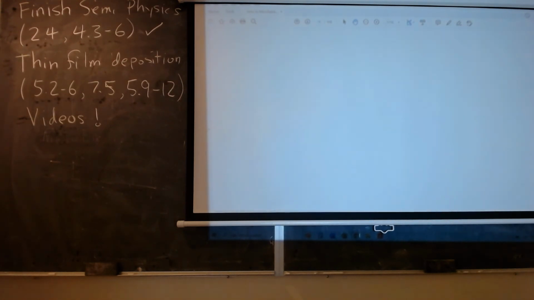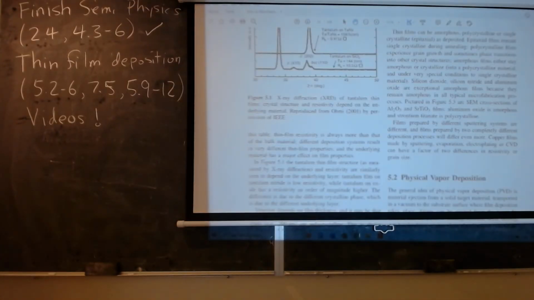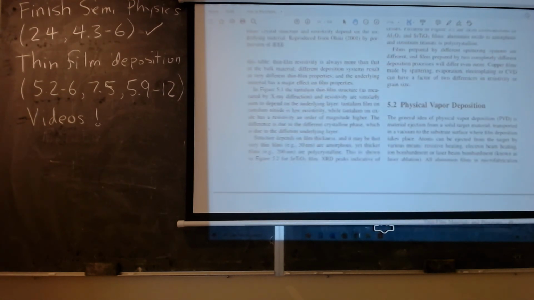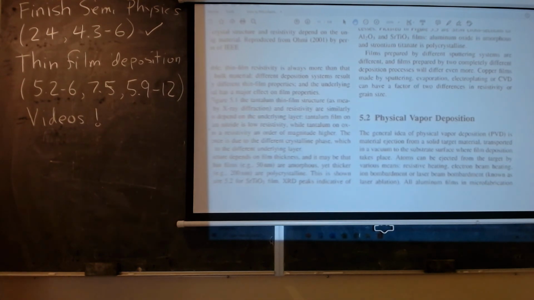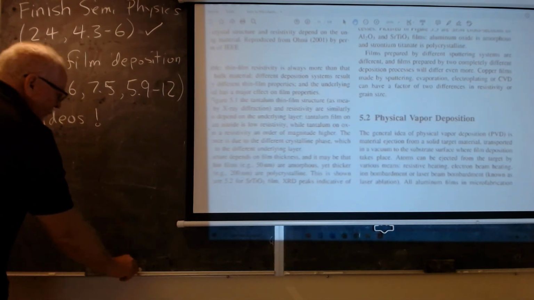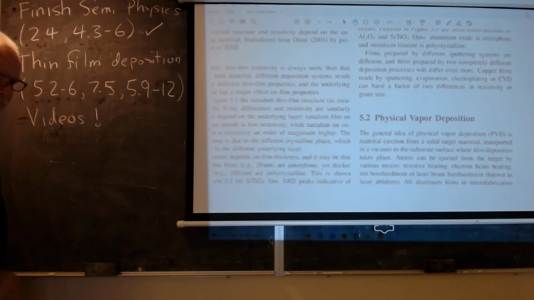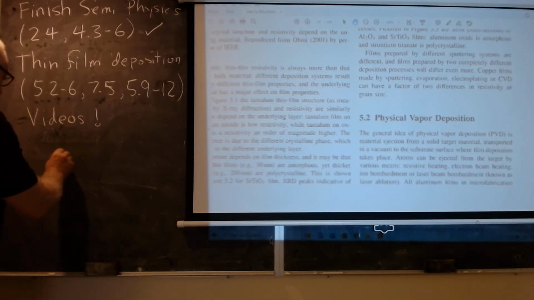Go to section 5.2. What thin film deposition is about is, and I'll first just draw it as a blanket deposition.